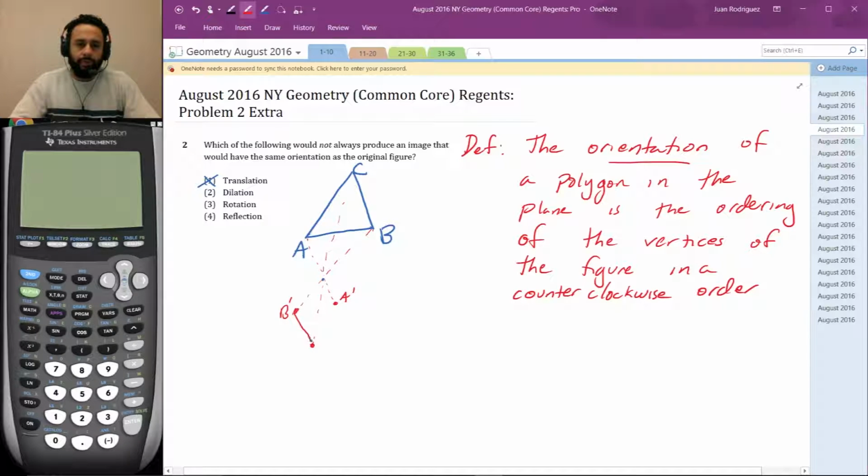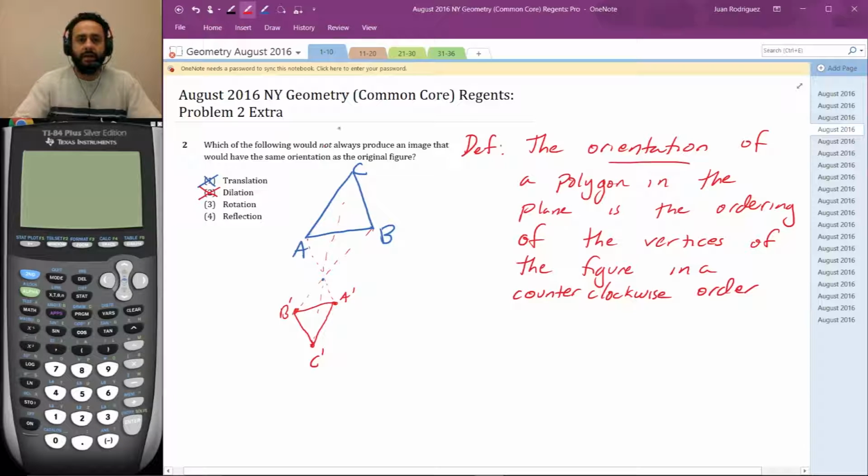This could be a negative dilation, a large number, small number, doesn't matter. The point is that it's a negative dilation. And if we start at A prime and go in the counterclockwise direction, we see that the ordering of the vertices is A prime, B prime, C prime, which is the same ordering as the original shape ABC. So a dilation, even a negative dilation, does not change the orientation of the vertices.